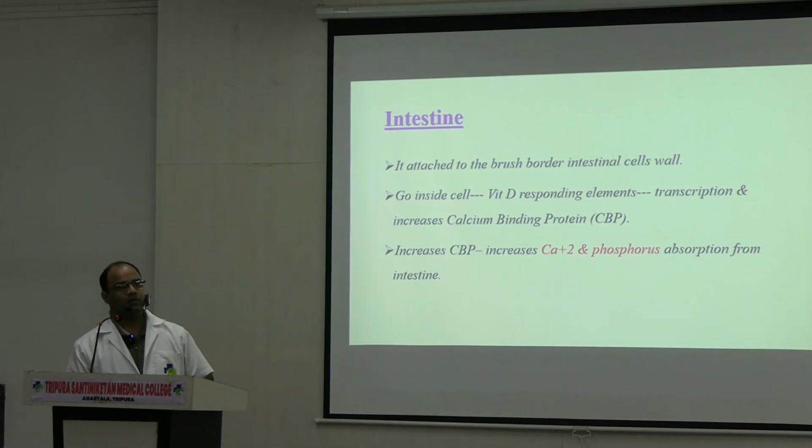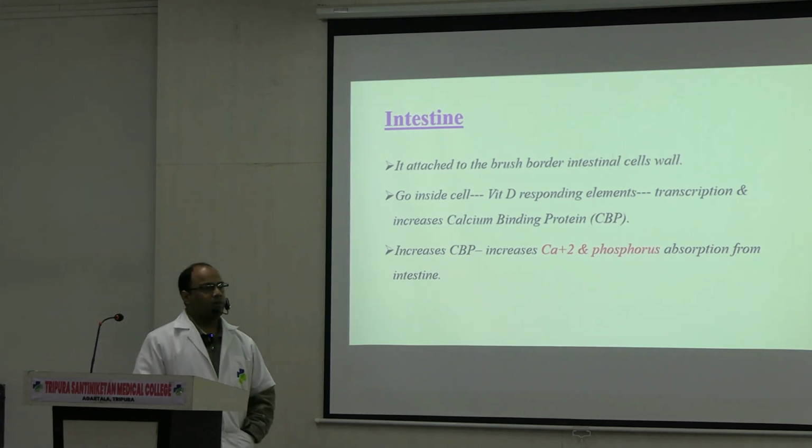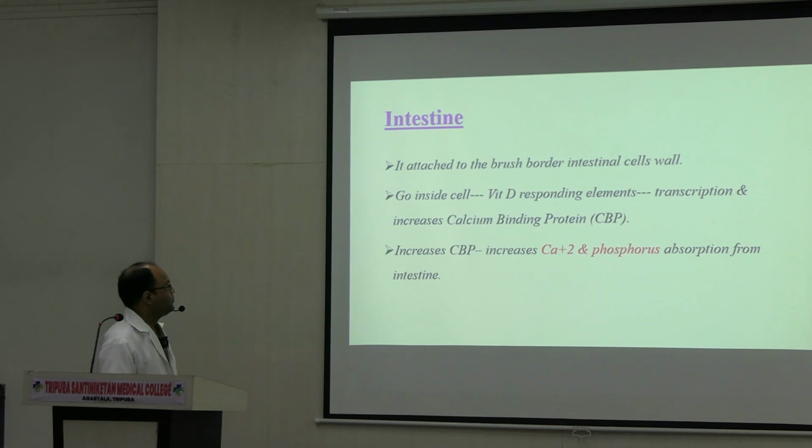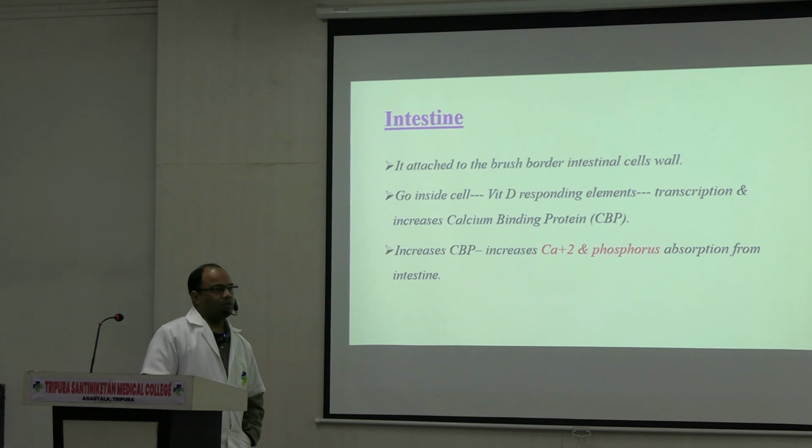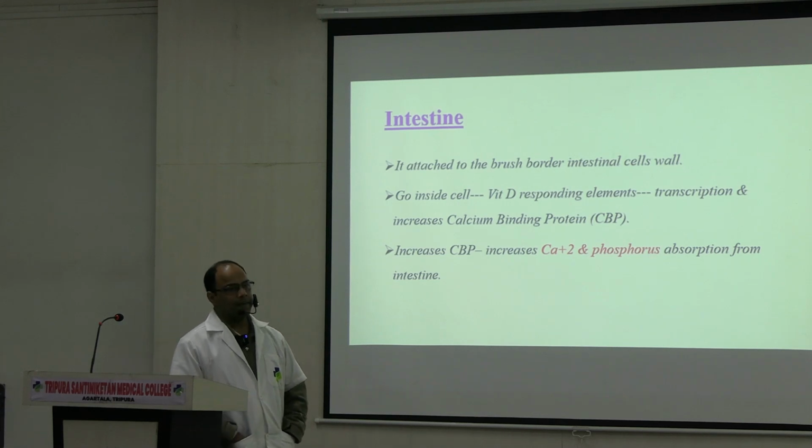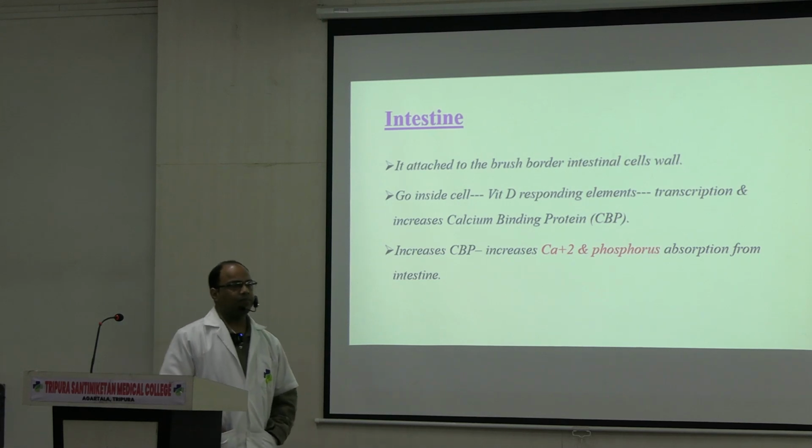Understand? Very easy. Vitamin D binds with intestinal brush border cells and goes inside the cell. Inside the cell, it binds with the vitamin D responsive element, and then it binds with a specific site of DNA, where it activates the gene.